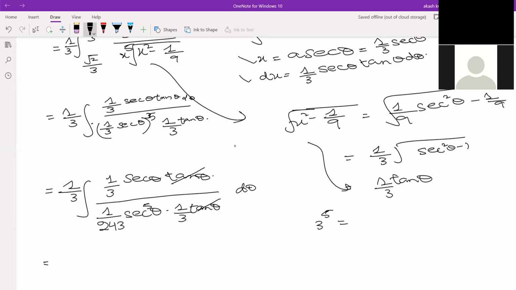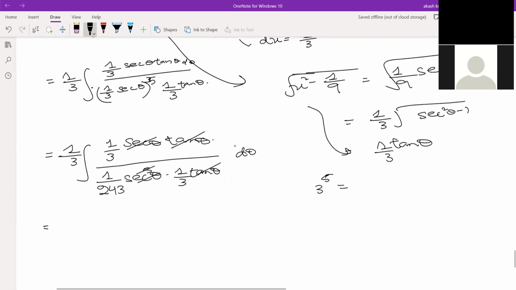This tan theta is cancelled out with this tan theta. The sec theta is cancelled out with this sec 5 theta, and it becomes sec 4 theta.